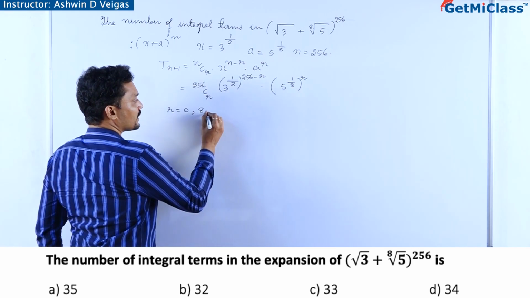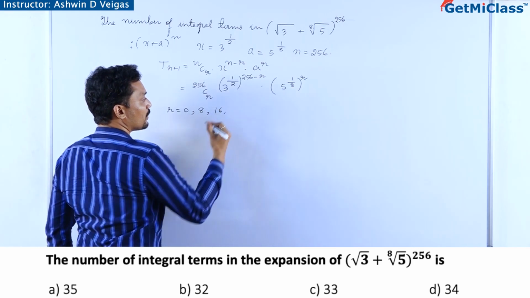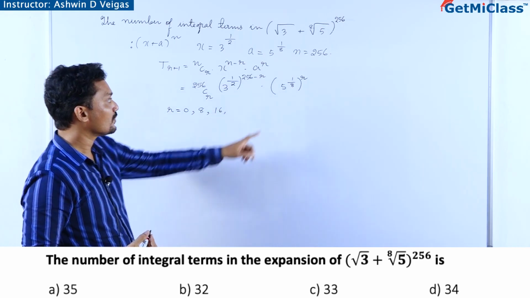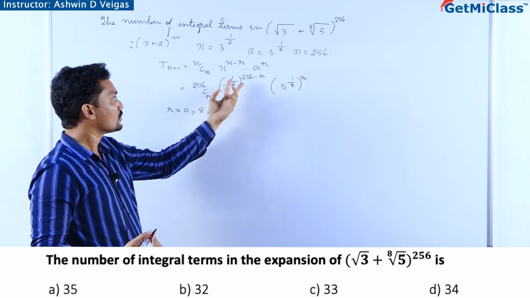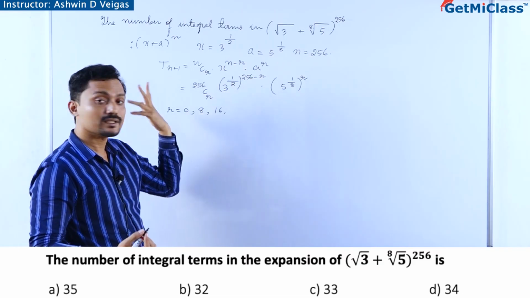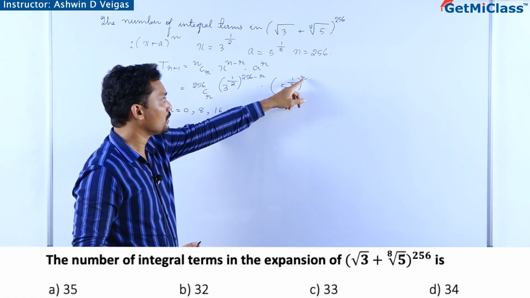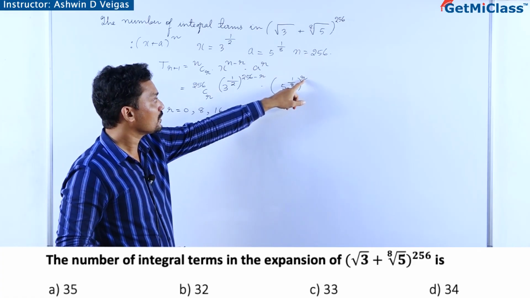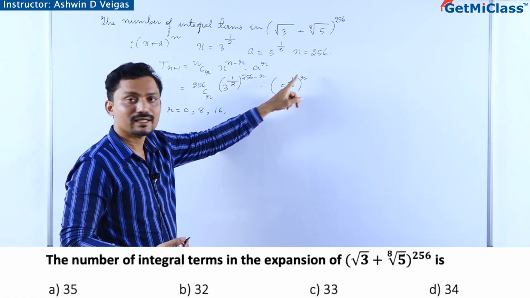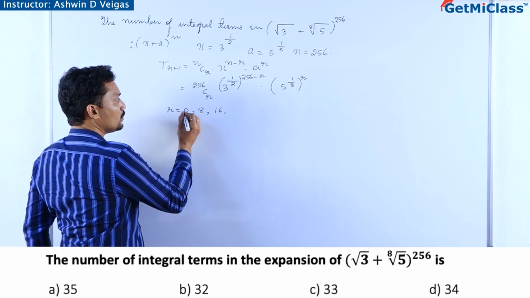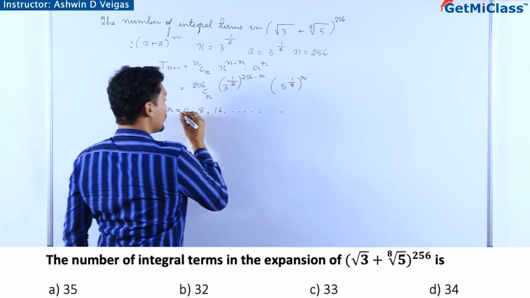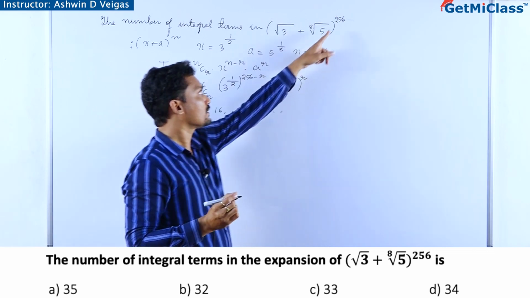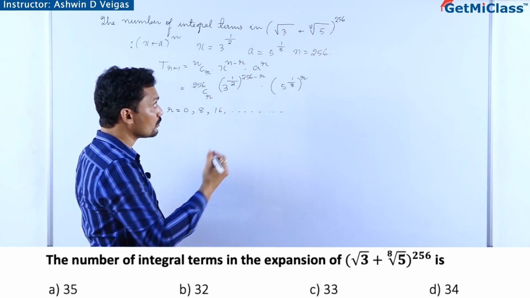Like that you can check that this happens for the multiples of 8, because of this 8 here. The moment the other exponent is an even number, it will be divisible by 2. So, for multiples of 8, this becomes an integer. So, the value of r will be 0, 8, 16, etc., and the last value which r can take is the power, that is 256.